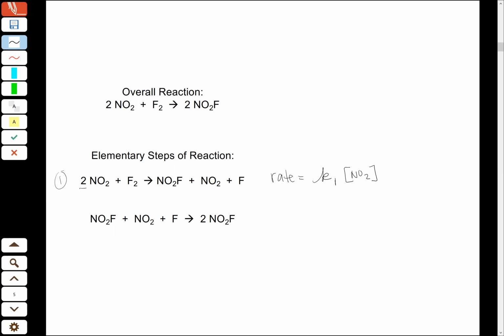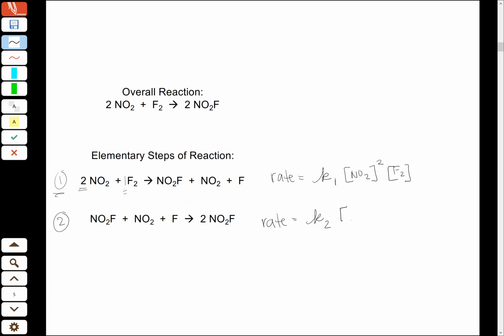And since I have a coefficient of 2, it will be second order with respect to NO2. And then I have F2. And since I have a coefficient of 1, I'll have first order dependence on F2. And that's the rate law for this first step. For the second step, my rate will be equal to my rate law constant for step 2.